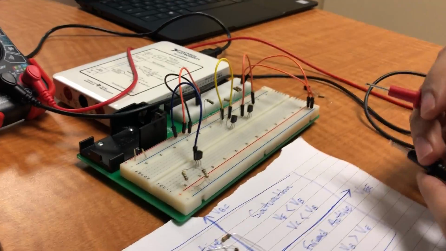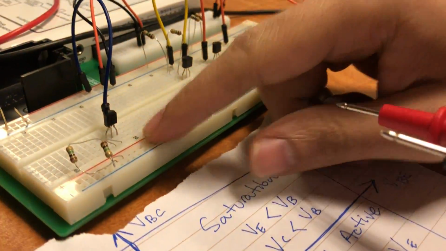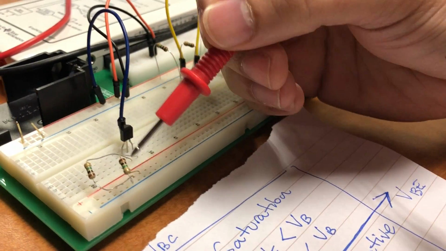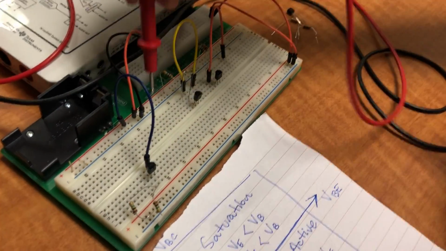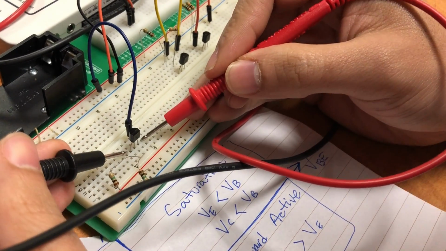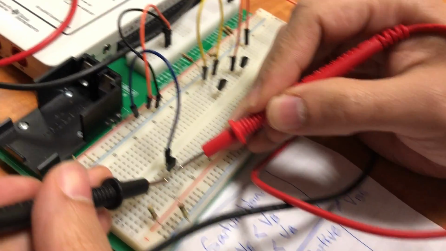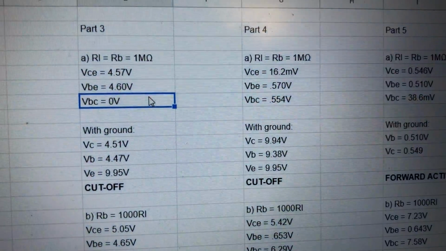Now continuing with Part 3, we have to record voltages across the collector and emitter. We're using two identical 1 megaohm resistors. By the way, we're using 10 volts over here, 5 volts over here. We get about 4.57 for VCE.